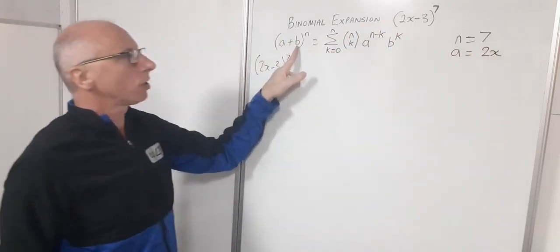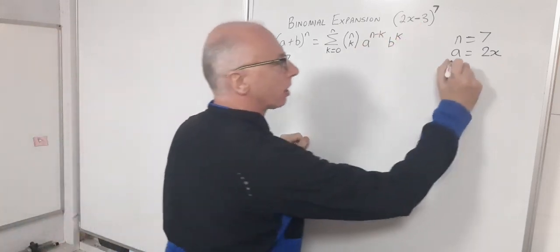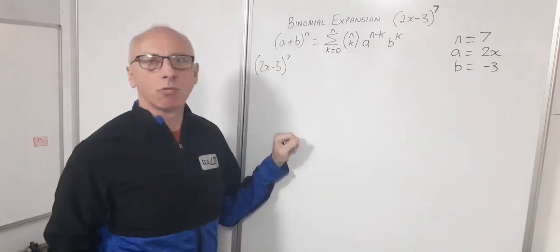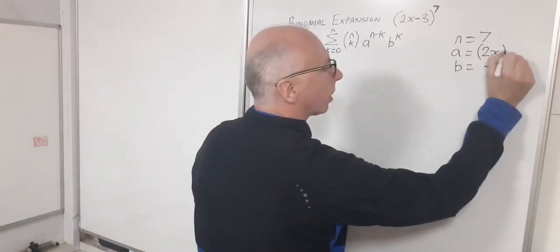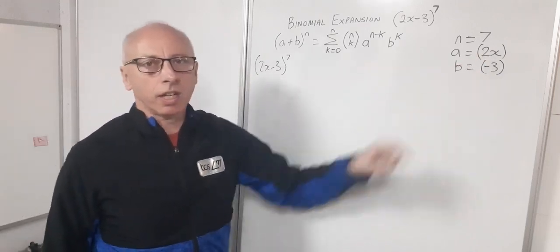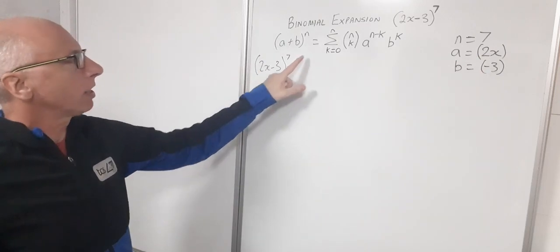And for b, just be careful because there's a minus sign here, so b is minus 3. I recommend that you write these two terms in brackets. I'm going to explain that in a moment, because this minus sign and this coefficient, we've got to be careful with when dealing with this formula. So (2x - 3) to the 7.